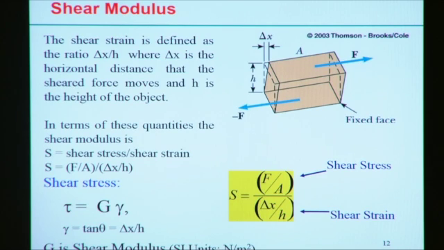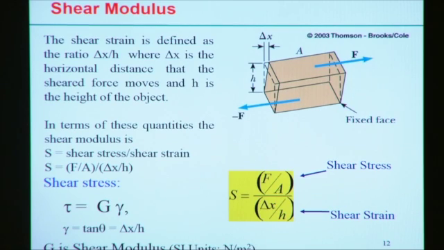So in terms of stress, S is F by A, that is the shear stress, and the shear strain is delta x by h. Shear stress is generally represented by tau, which is equal to G into gamma.